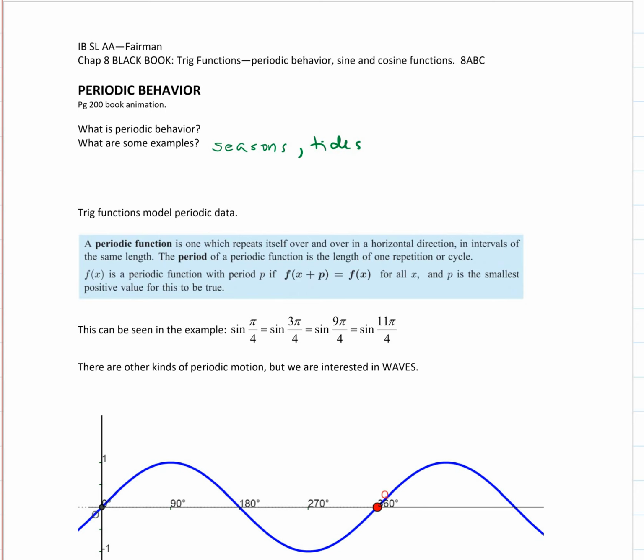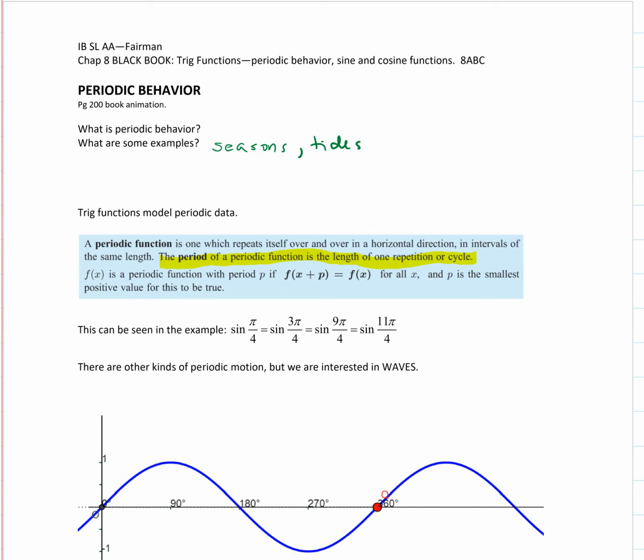So our trig functions model periodic data. A periodic function is one which repeats itself over and over in a horizontal direction in intervals of the same length. What's important is that you understand that the period of a periodic function is the length of one repetition or cycle.